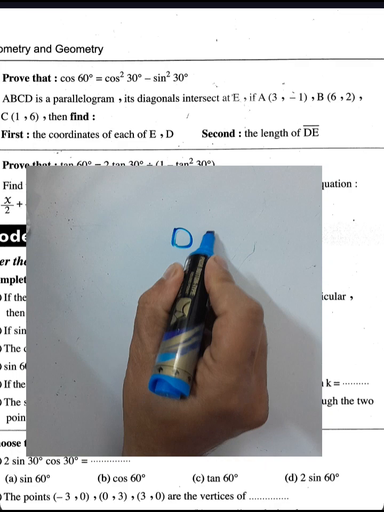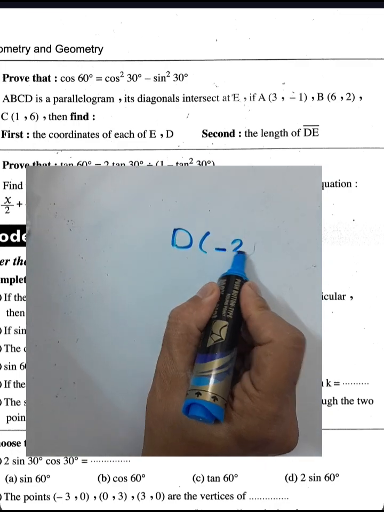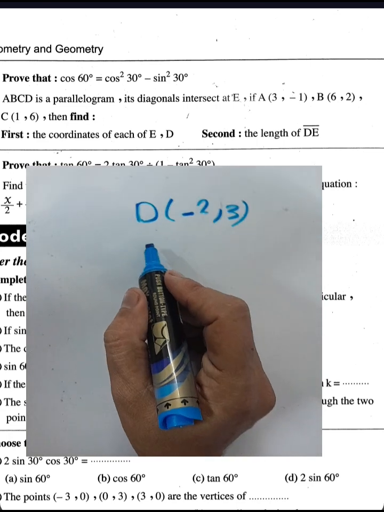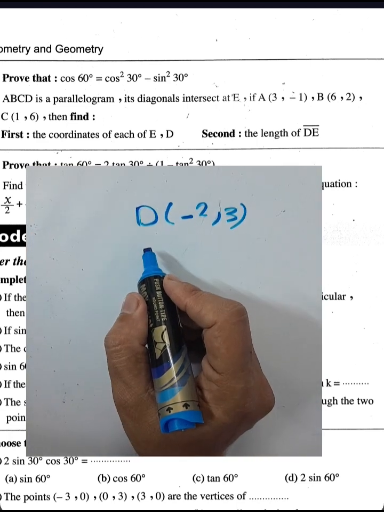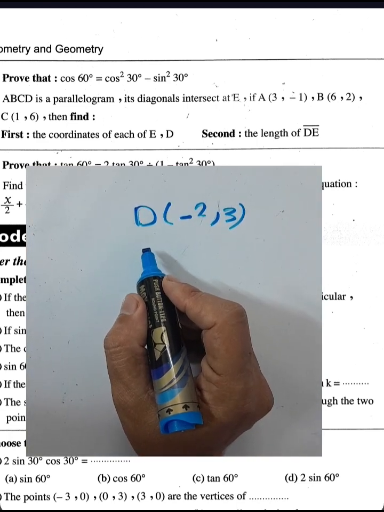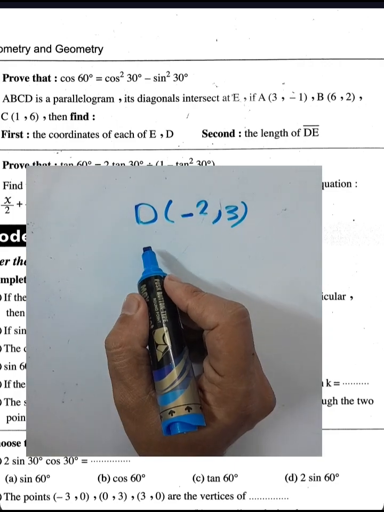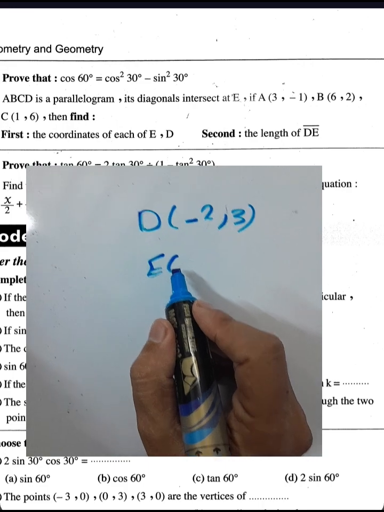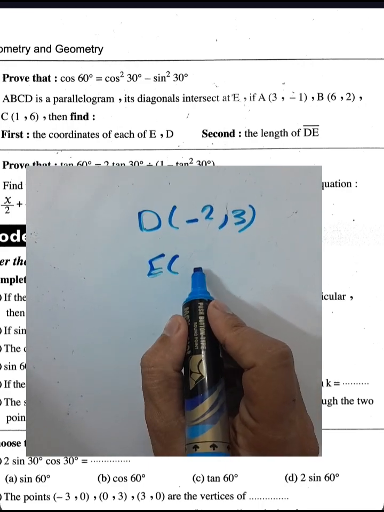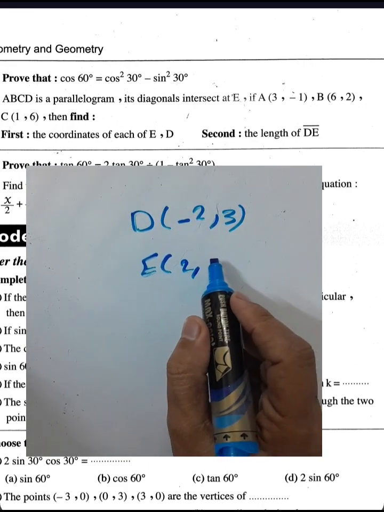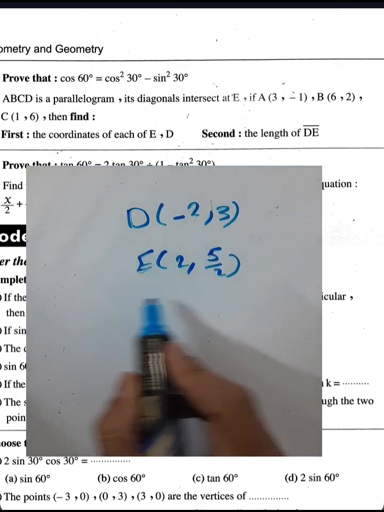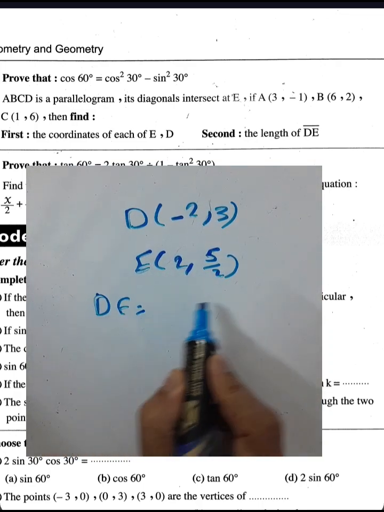D was negative 2 and 3, and we have point E in the middle, the midpoint of A and C. 4 divided by 2 equals 2, and 6 minus 1 is 5 over 2. Okay, remember it. We can find the length of DE.